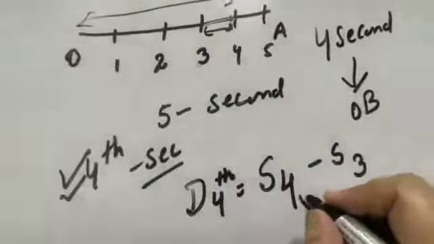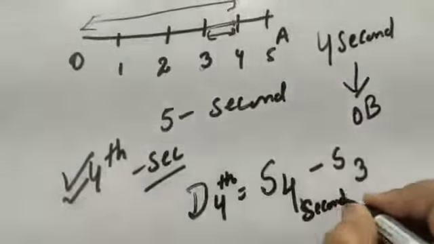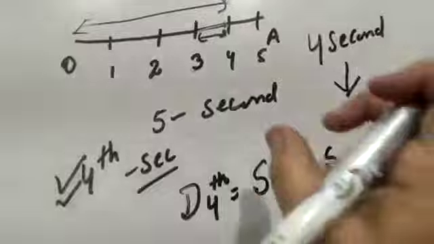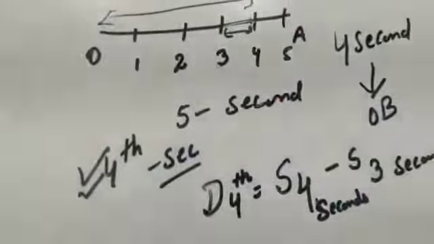Got it? This is 4 seconds and this is 3 seconds. So if we can calculate S4 minus S3, we can get the value of d4.